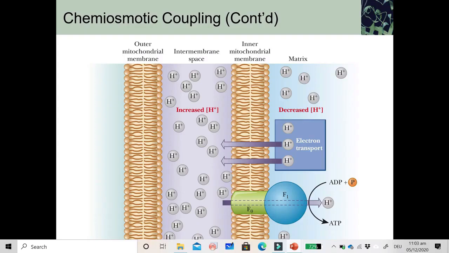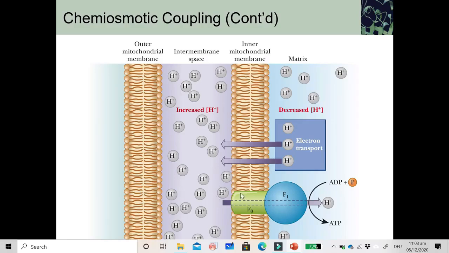For now, what I want you to notice is this. You have here the matrix, and this is the intermembrane space where you have increased concentration of hydrogen ion. The electron transport chain, of course, transports the protons here to the intermembrane space. And when these protons, remember, that's natural, the natural movement of substances from a region of high concentration to a region of low concentration.